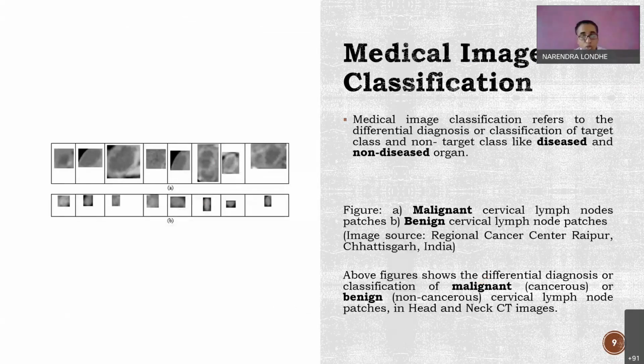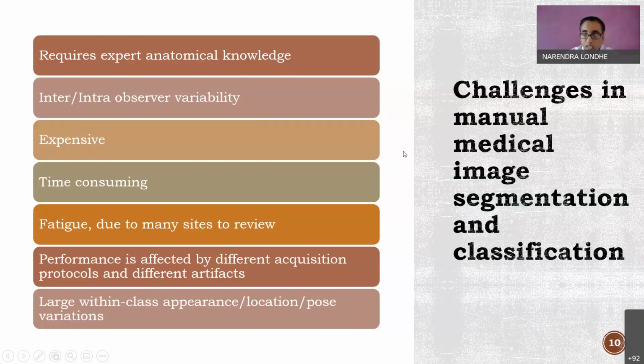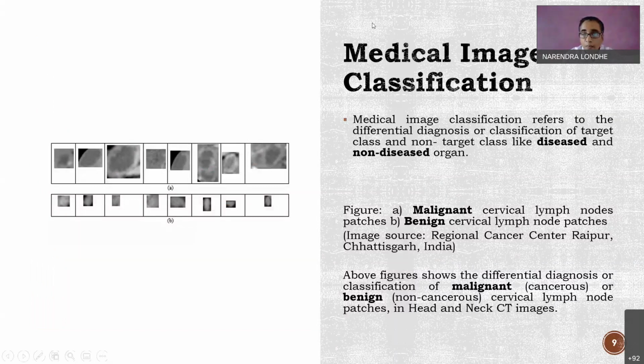And then, as I told you, the second part in your computer-aided diagnosis system is the classification. In the classification, we basically find out the target and non-target class, like diseased and non-diseased. So that is what we are going to find out in the classification, right?